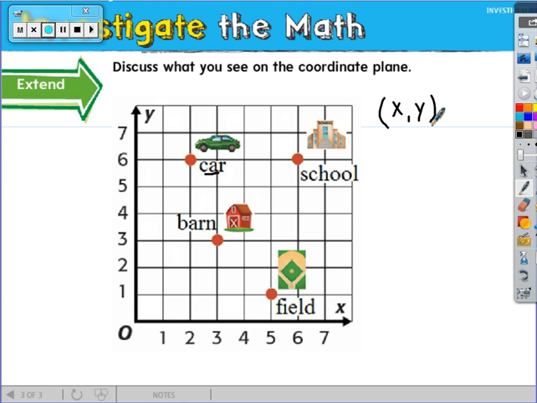So, what point on the x-axis does the car lie on? 2. If we go straight down from the car, we will find that this car is located on 2. So that's our x. Then our y, if we go straight to the left, we will see that the car is located at what point on the y-axis? 6. So 2, 6 is the car.